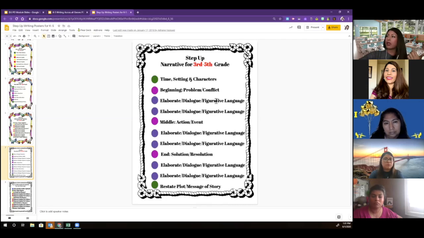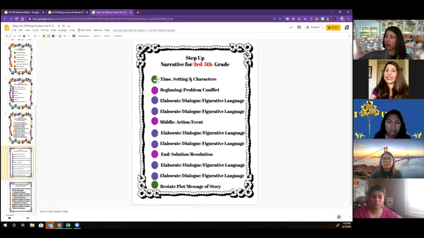And then they're going to elaborate, include some dialogue, figurative language in the darker purple here. So the narrative for Step Up to Writing, the colors are green, dark purple, and light purple. And so each of those colors mean that they need to include specific information within that paragraph.